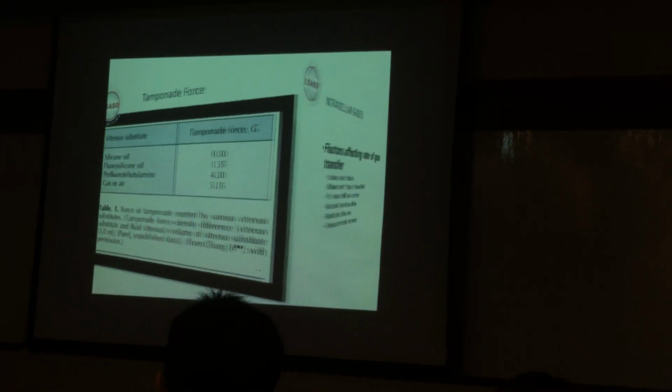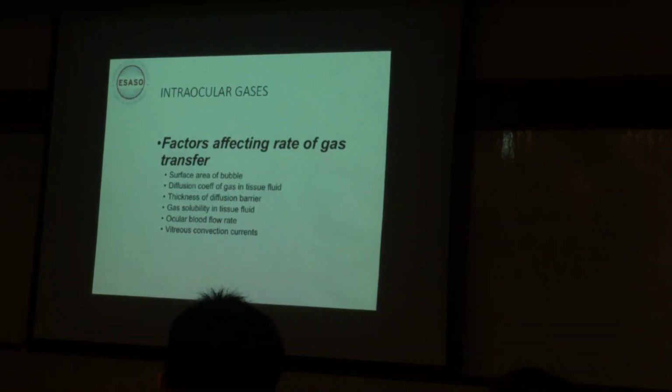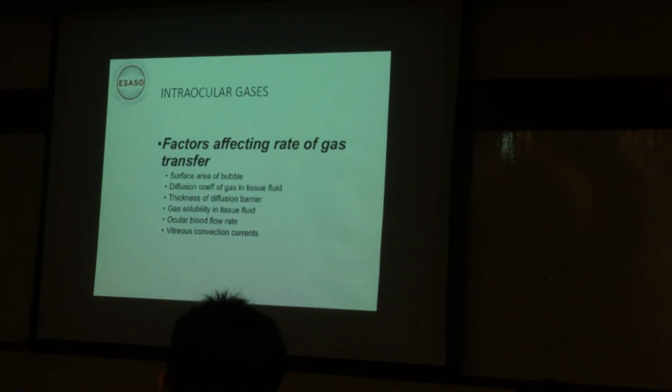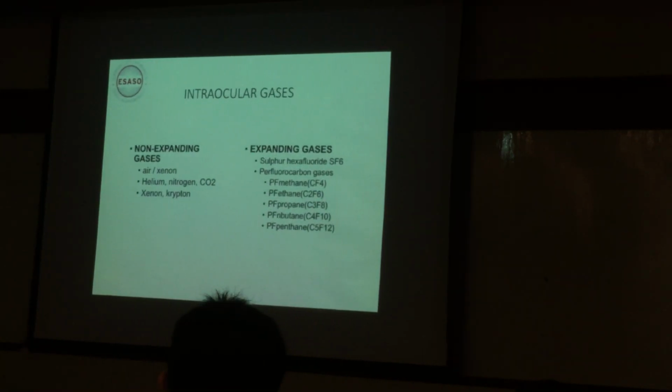So what factors affect the rate of gas transfer? Obviously the size of the bubble, the bigger it is, the longer it takes. The diffusion coefficient in tissue, the thickness of the area, solubility, the blood flow, because you need the gas to diffuse into the ocular blood, and the contractions of the vitreous fluid.